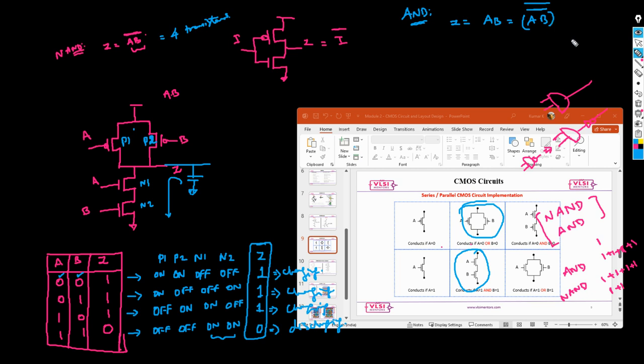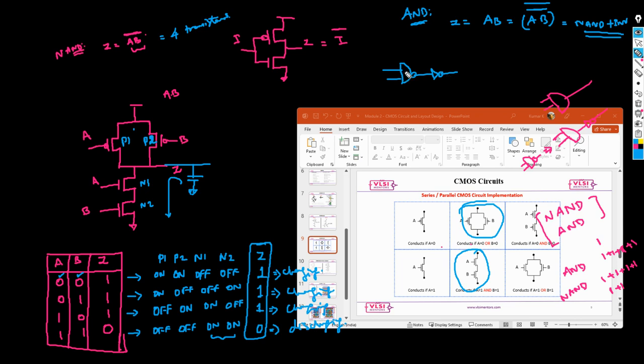Correct? So this is basically NAND plus an inverter. Agree? In CMOS, NAND is the basic circuit that we build, and when you want an AND gate, you add one extra inverter. That is how you form an AND gate.